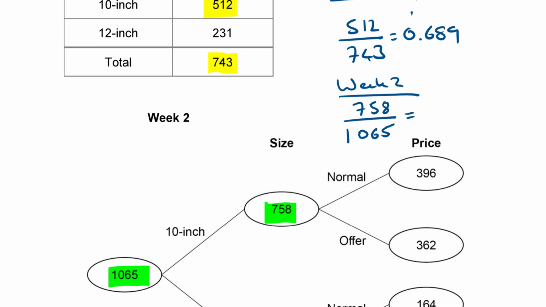What's that as a proportion then? Tapping that into the calculator, 758 divided by 1065 gives me, as a decimal, 0.711. I'm going to round it up to 0.712, I think, to 3 significant figures. So clearly this one is the bigger number, isn't it?